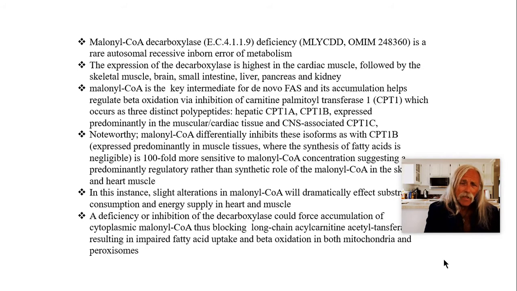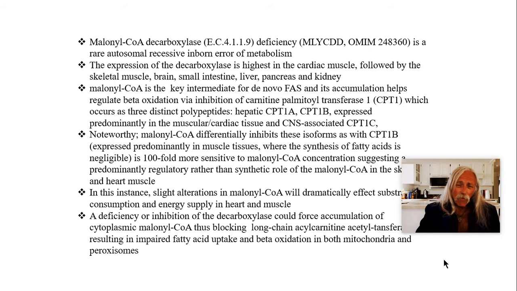Okay. Now, it's noteworthy that Malonyl-CoA differentially inhibits those 3 isoforms, with CPT1B expressed predominantly in muscle tissues where the synthesis of fatty acids is negligible. So basically, you always got that isoform, right?